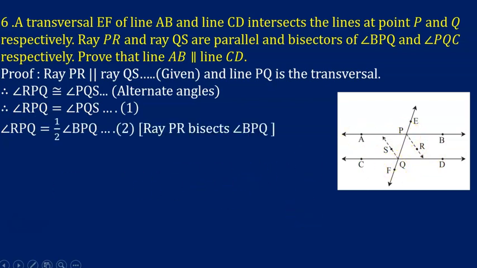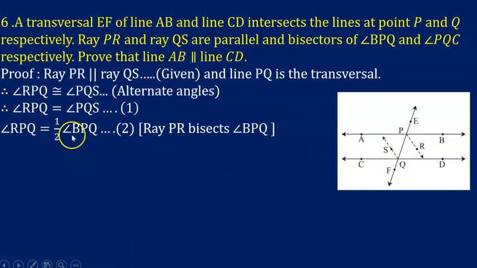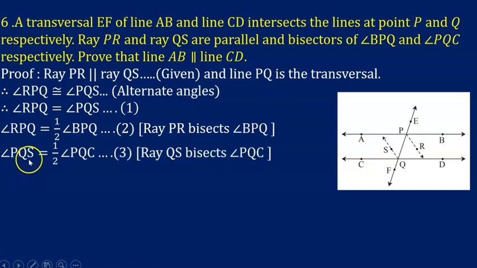Now, as ray PR bisects angle BPQ, therefore measure of angle RPQ is equal to 1 upon 2 measure of angle BPQ. Also, measure of angle PQS is equal to 1 upon 2 measure of angle PQC, as ray QS bisects angle PQC.